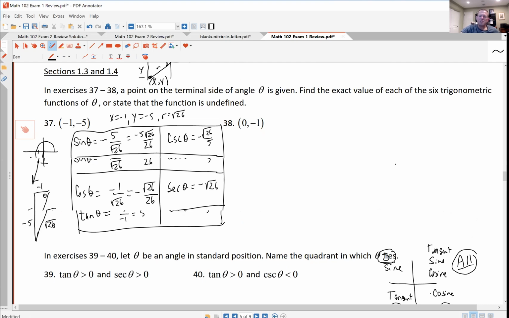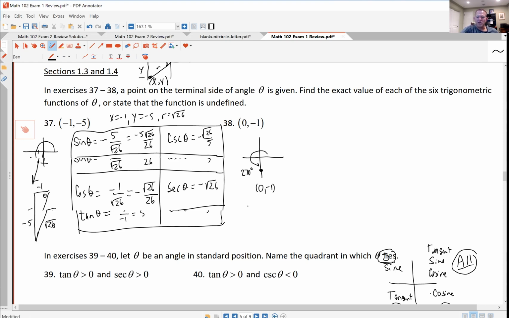38 shows you how to deal with what are called the quadrantal angles, or the angles that end up on one of the quadrants. Okay, so the boundary of the quadrants. This is 270 degrees. And in this case, you really can't draw a triangle.